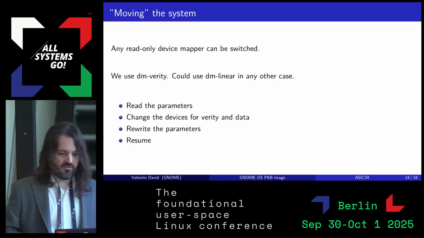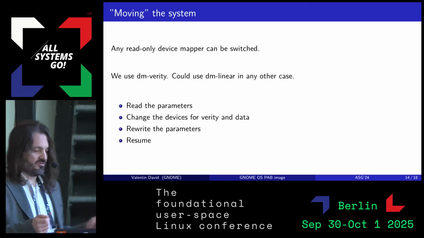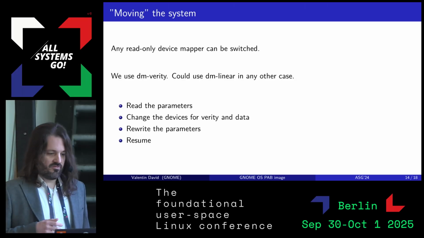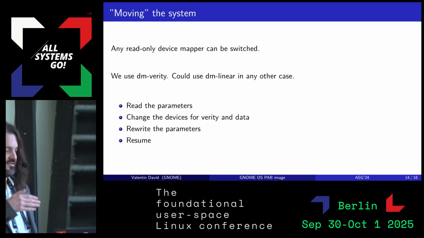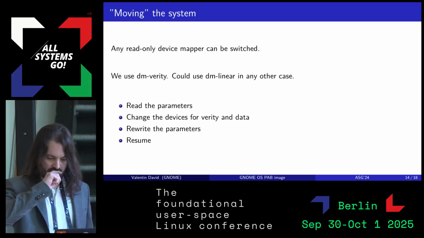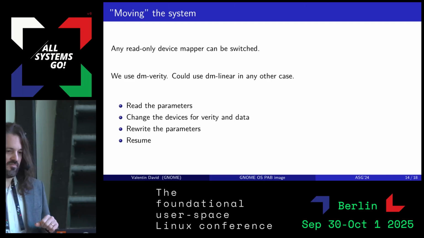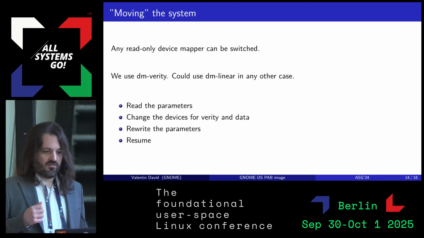Now there is another thing that we have to do, because you still can't remove the USB key because we are still using /usr from the live system, from the live disk. But because we are using device mapper, this is quite easy to do.